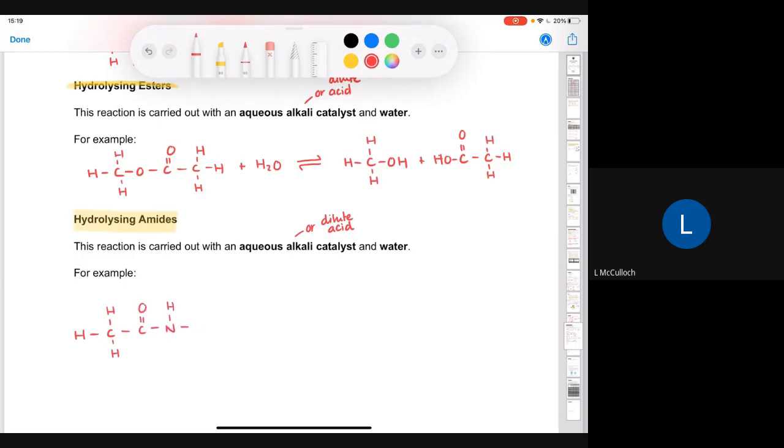Amides have that amide link, which is the C double bond O beside the NH. Again, we are reacting this with water. In this reaction, we will break the amide link between the carbon and nitrogen single bond.